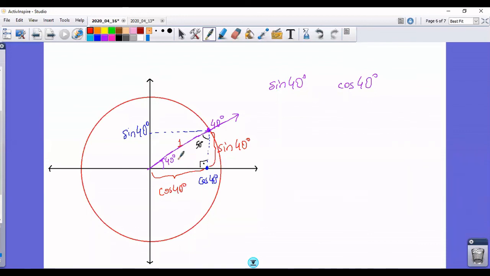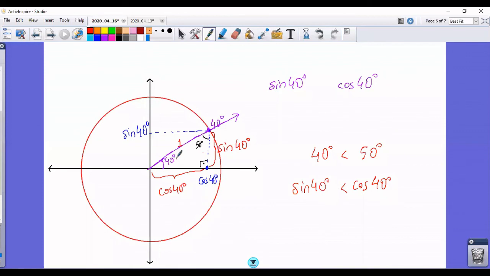So as you see, 40 degrees is smaller than 50 degrees. So the angle opposite to 40. What is the side opposite to 40? It is sine of 40. Sine of 40 is smaller than, what is the side opposite to 50 degrees? It is cosine of 40 degrees.